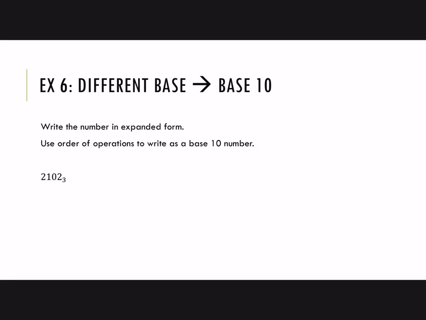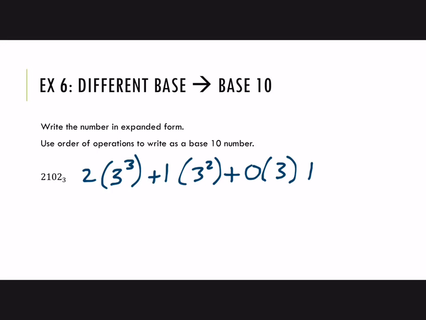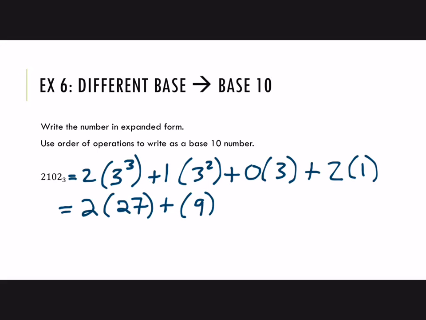Okay, and we'll try one more example. This is base 3. So we have 2 times 3 cubed plus 1 times 3 squared plus 0 times 3 plus 2 times 1. Okay, so 3 cubed is 27. 3 squared is 9.